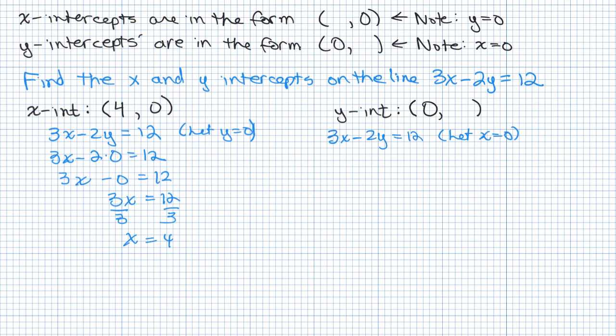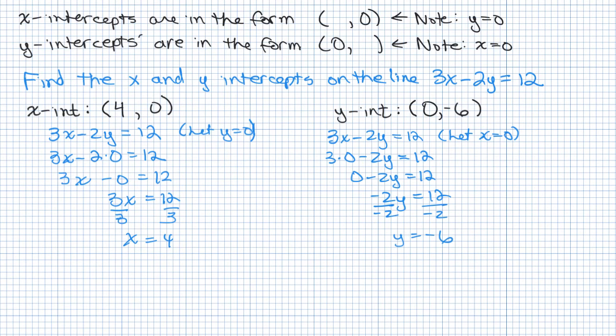I'm trying to find the y-coordinate that goes along with that. So I'm putting in 0 for x this time. So we have 3 times 0 minus 2y equals 12. So we have 0 minus 2y is 12. Negative 2y is 12. And dividing by negative 2, we have the y-coordinate of negative 6. So now I have my x-intercept and my y-intercept.